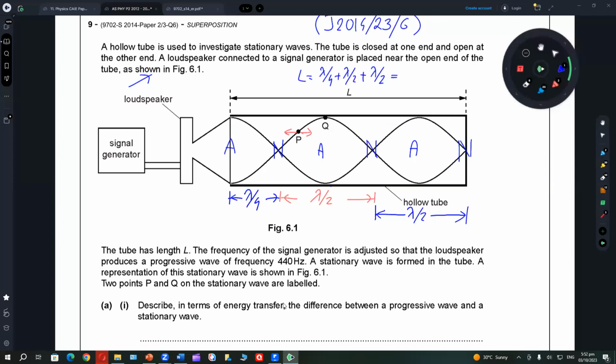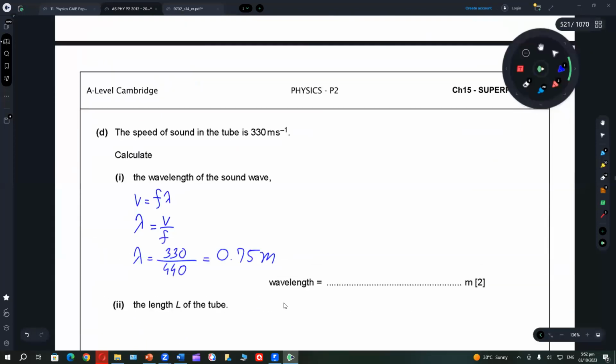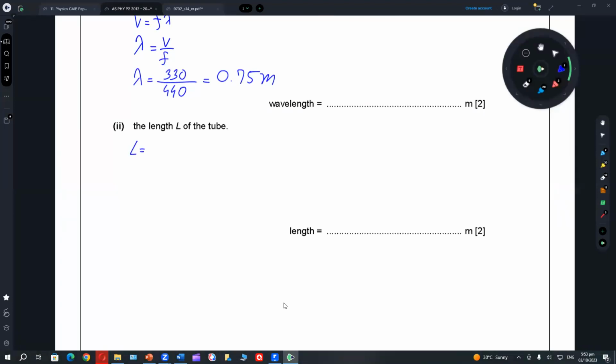First I add them. How much is it? 5 by 4. How much is the answer? 0.94.